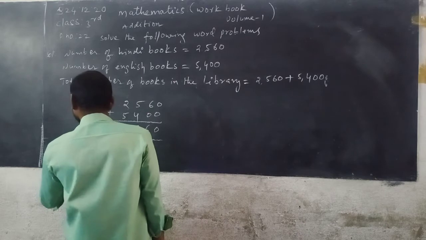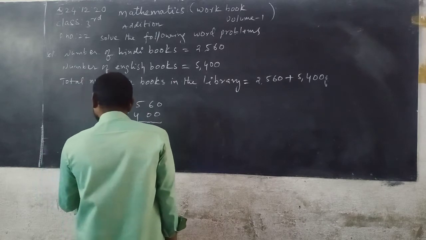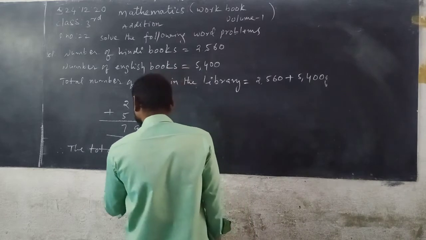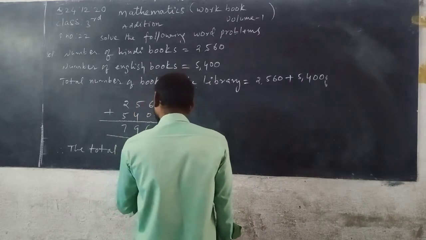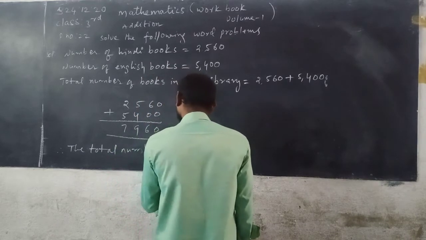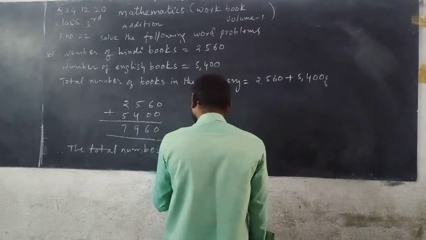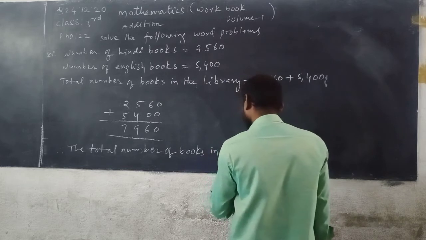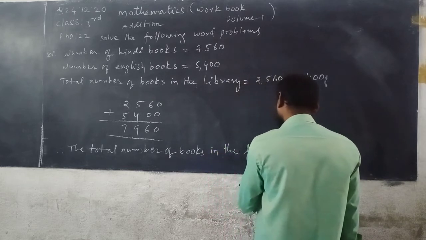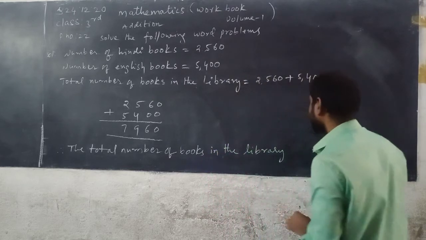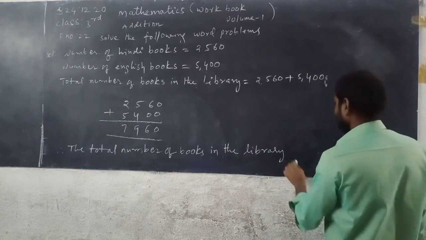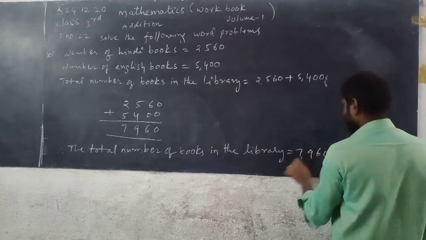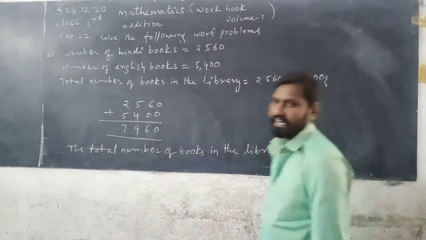Therefore, the total number of books in the library is 7960.